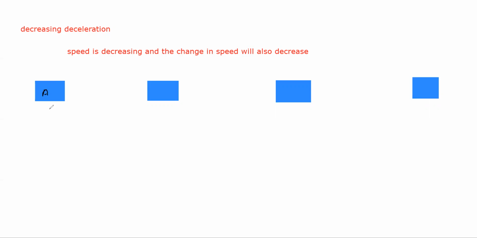So the object is at point A, moving with 50 meter per second. Moving from A to B, it is 35 meter per second. From B to C, it is 25 meter per second. And from C to D, it is 20 meter per second.